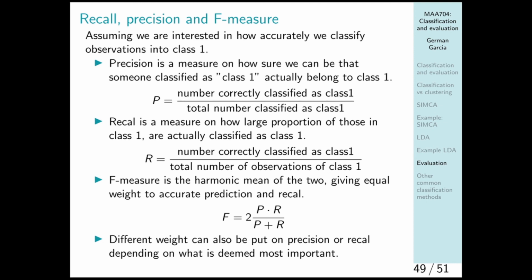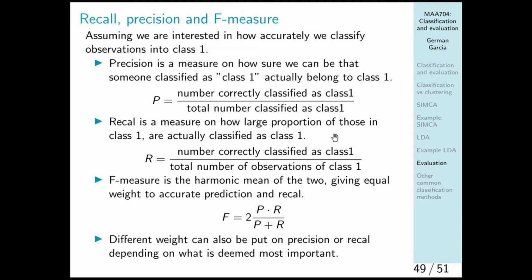Recall is a measure of how large a proportion of those in class 1 are actually classified as class 1. So it's correctly classified as class 1 divided by the total number of class 1. Look at the difference. This is observations of class 1, but this is elements classified as class 1. So these two are generally different.